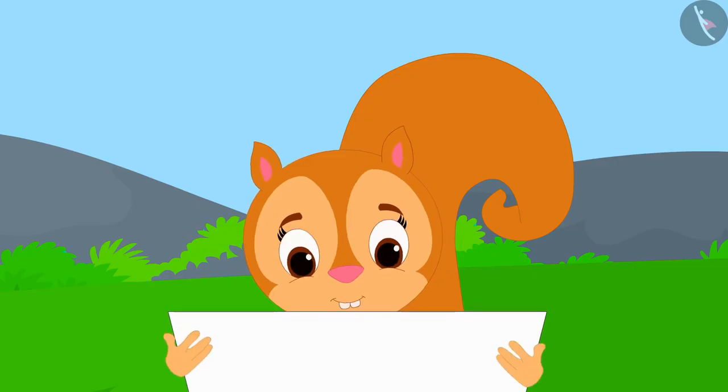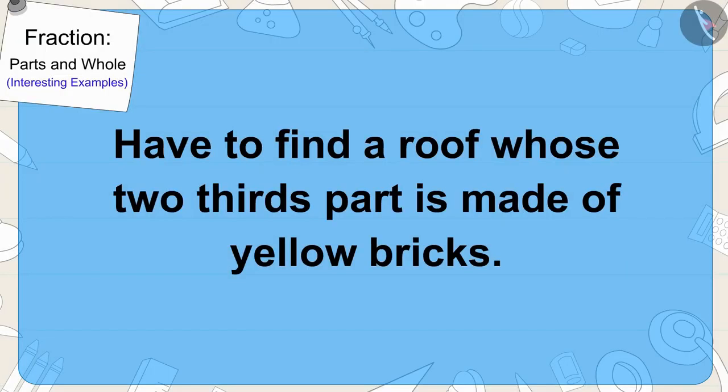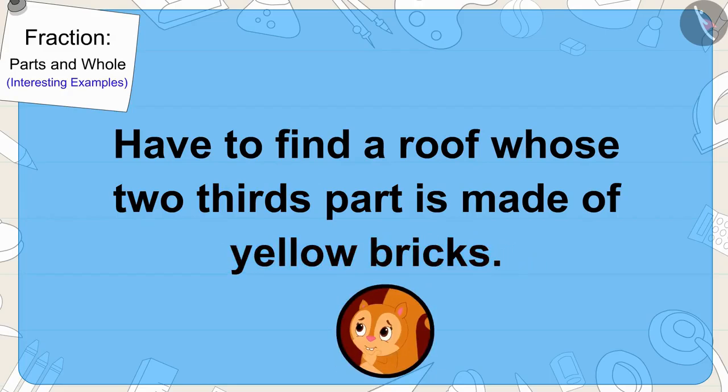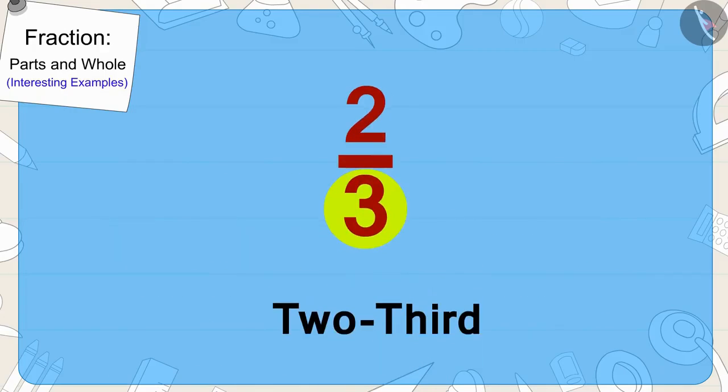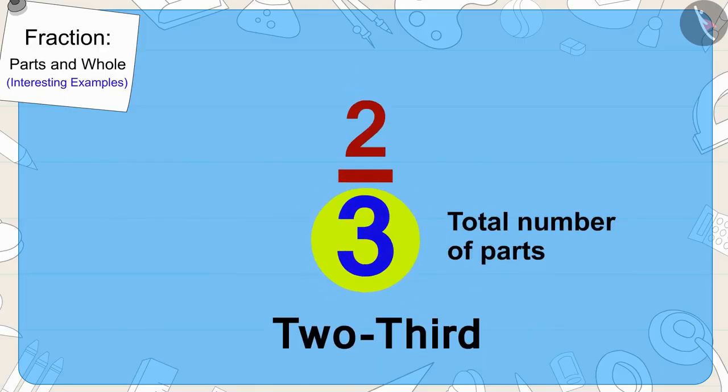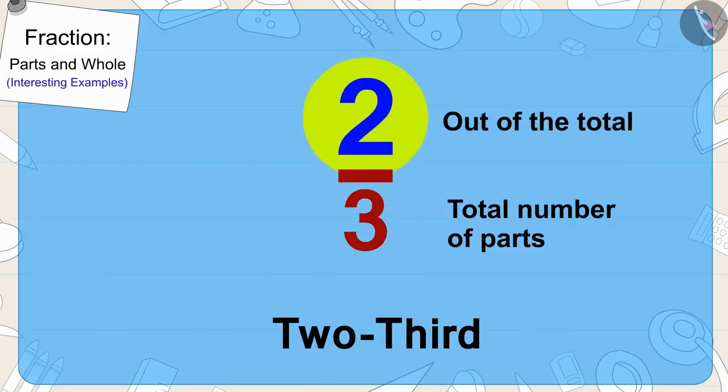It was written in that clue that she would have to find a roof whose 2/3 part is made of yellow bricks. Children, can you tell what kind of roof will it be? Yes, it will be a roof which is divided into 3 equal parts and 2 parts of it would be made of yellow bricks.